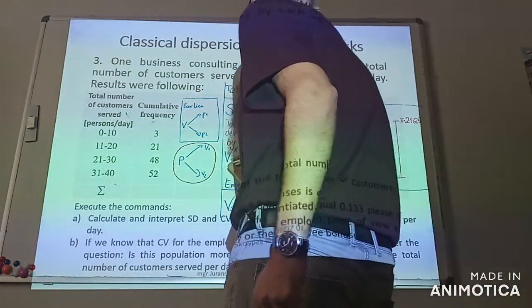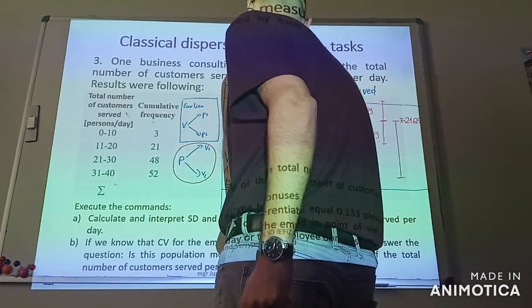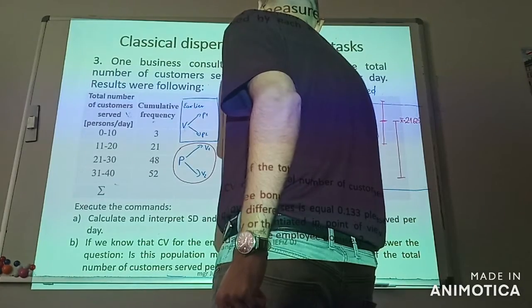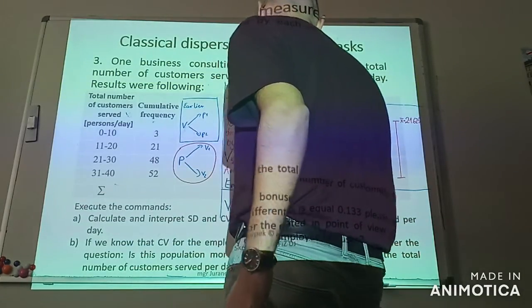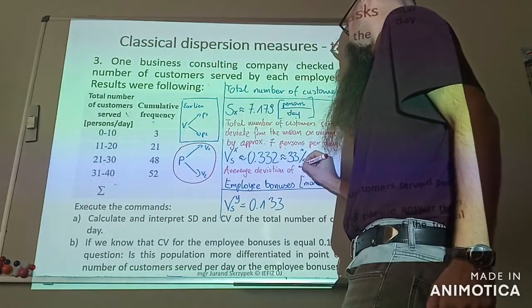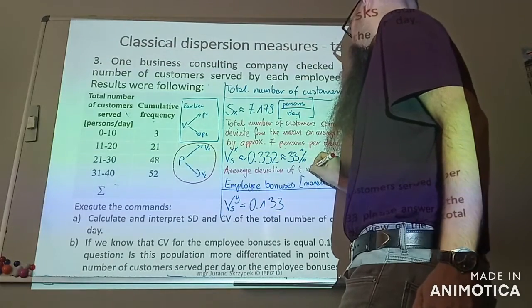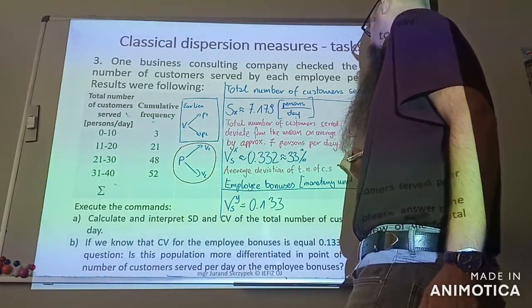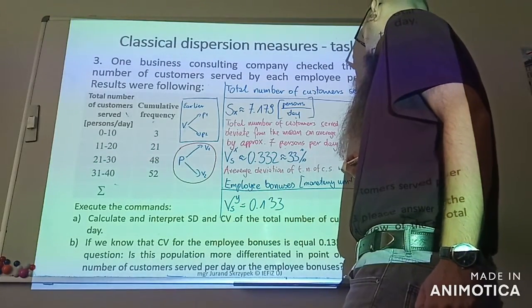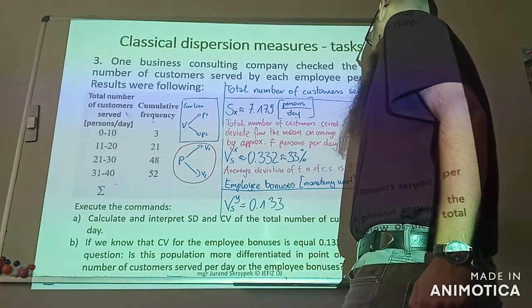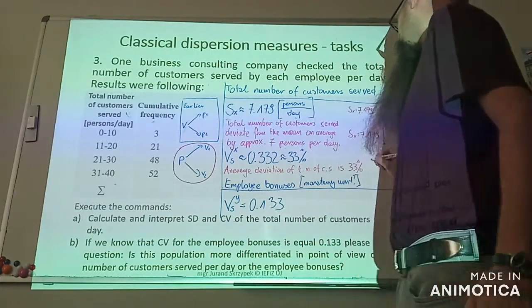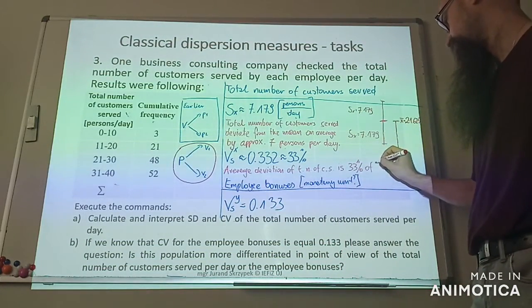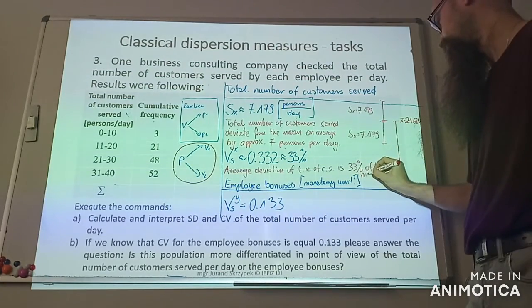So we can write it down. Average deviation of total number of customers served is 33% of the mean.